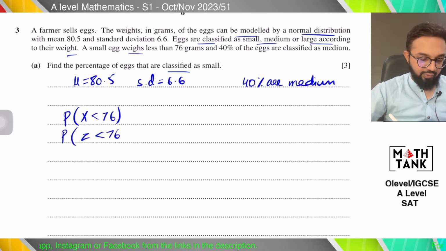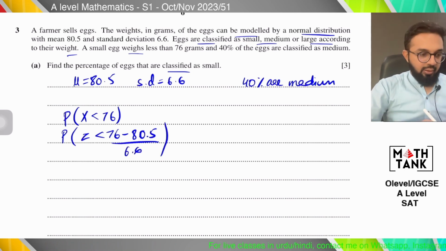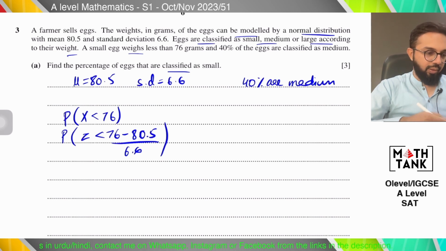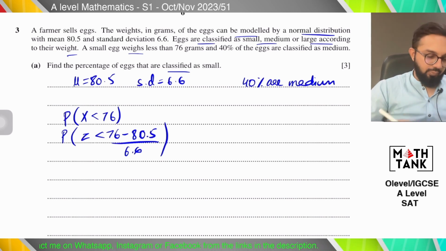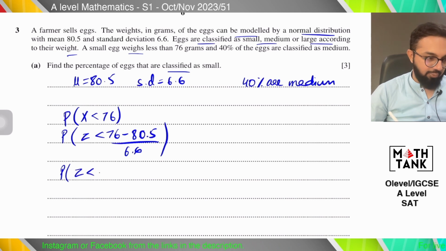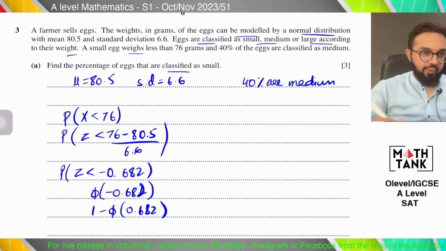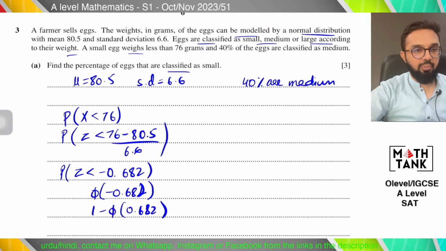So z is less than 76 minus 80.5 divided by 6.6. I am getting the probability of z less than minus 0.682. So that's phi of minus 0.682, which is 1 minus phi of 0.682. So let's read 0.682 from our table.